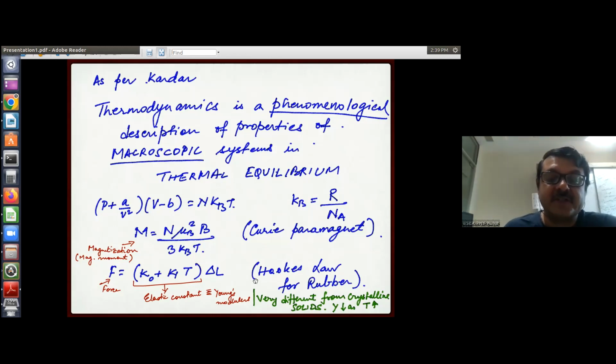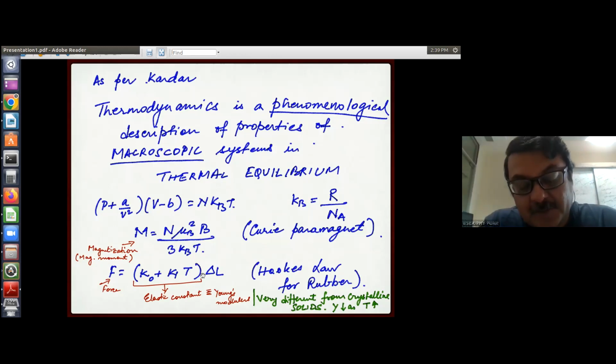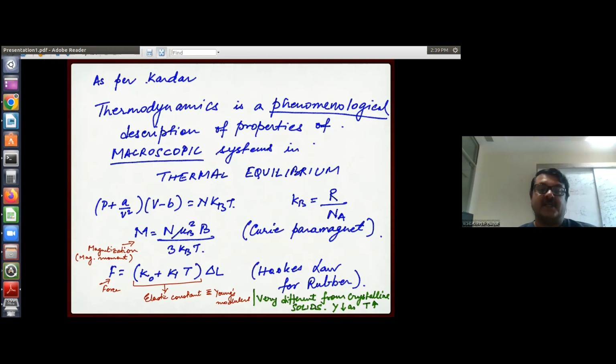That's what Hooke's law is. But interestingly, what you see here is K0, which is some constant, and K1 into T. So the proportionality constant itself is a function of temperature. And the spring constant, if you like, increases with temperature. So at a higher temperature, you will have to give higher forces to have the same deformation, right?